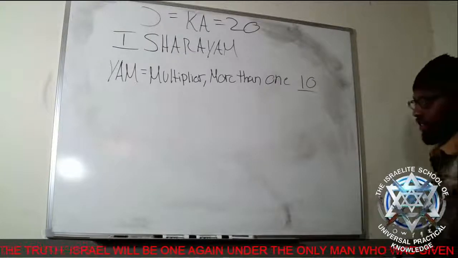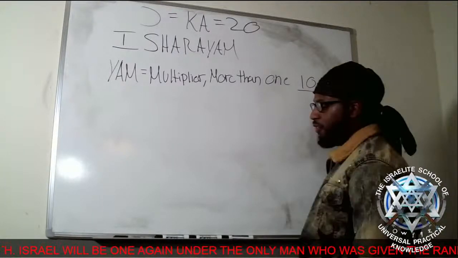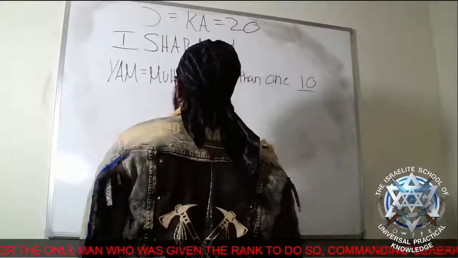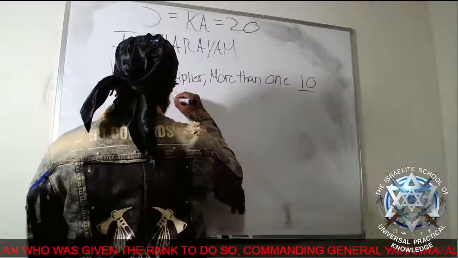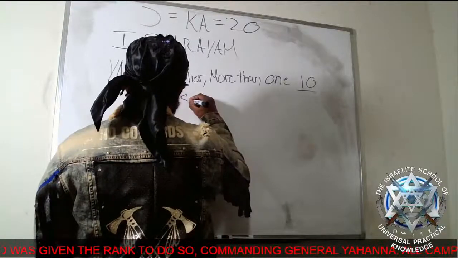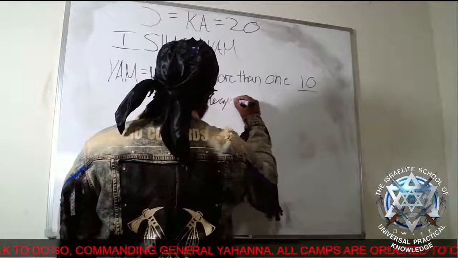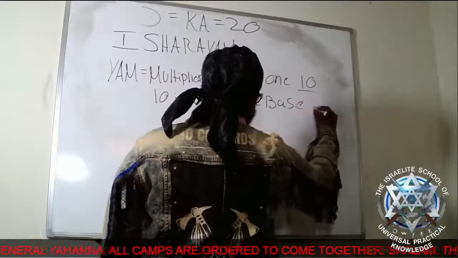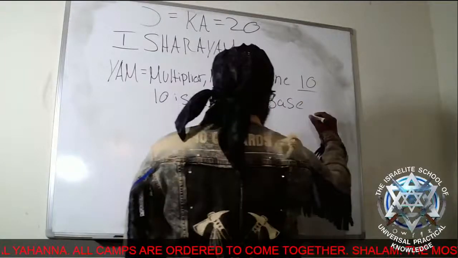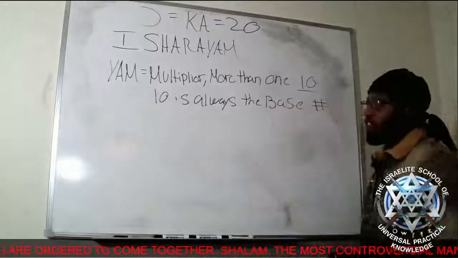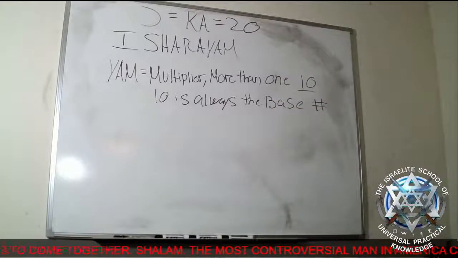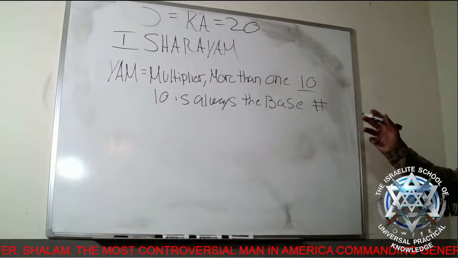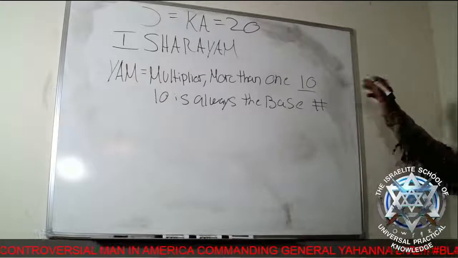Now remember, the reason why I say there's more than 110 is because your 10 is always the base number. So the number 10 is always your base number. The yim, by definition, is your multiplier, more than 110.